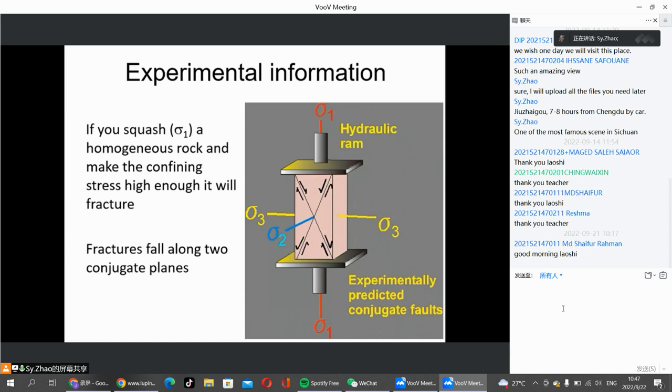And if we squash a homogeneous rock in the laboratory and make the confining stress high enough with a hydraulic ram, it will highly fracture. Two sets of fractures often develop, and they are called conjugate shear faults. They will be formed after the fractures develop.